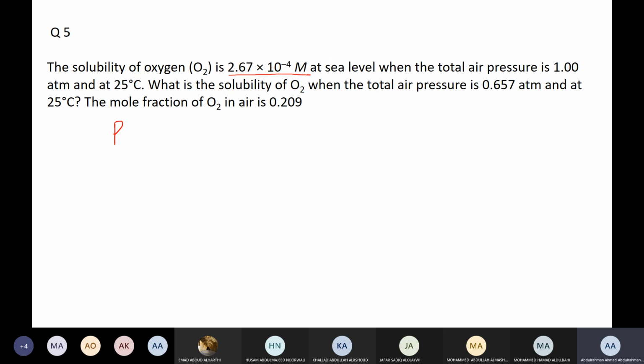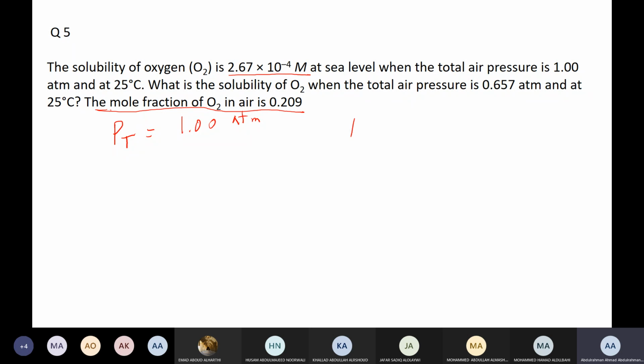So P total is equal to 1 atmosphere. Next. If the total pressure is 1 atmosphere, the mole fraction of O2 in the air is 0.209.